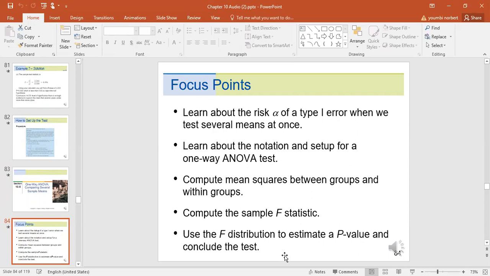And in that case, if we are using the t-test for two populations, and we have 10 populations, we will have several tests because we will compare population 1 with population 2, population 2 with population 3, population 1 with population 3. So how many tests are we going to have? 10 combination 2. And the more tests you do, the more error you are accumulating.